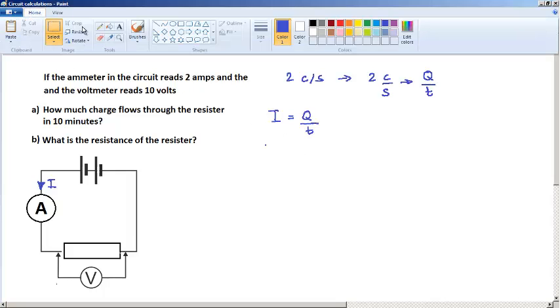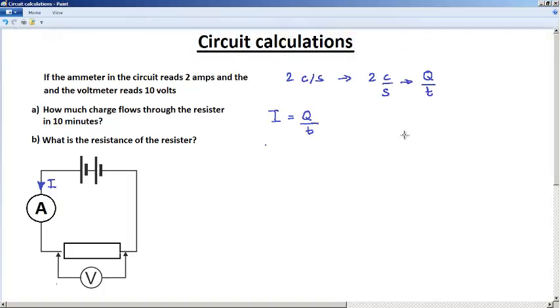Now then, let's draw the triangle. Okay, that's my calculation triangle, and I'm going to draw a division bar across this triangle, like that.